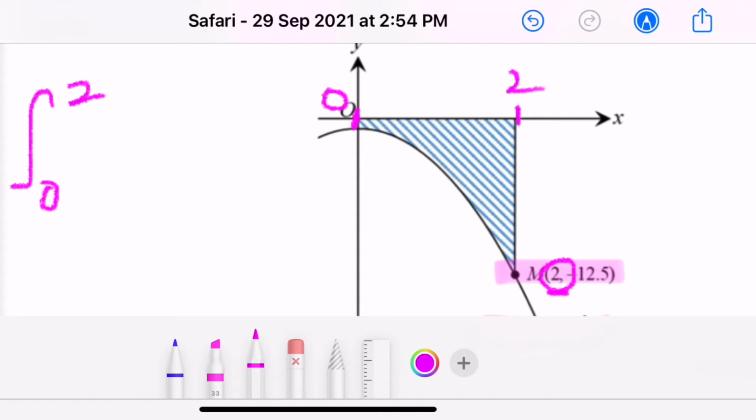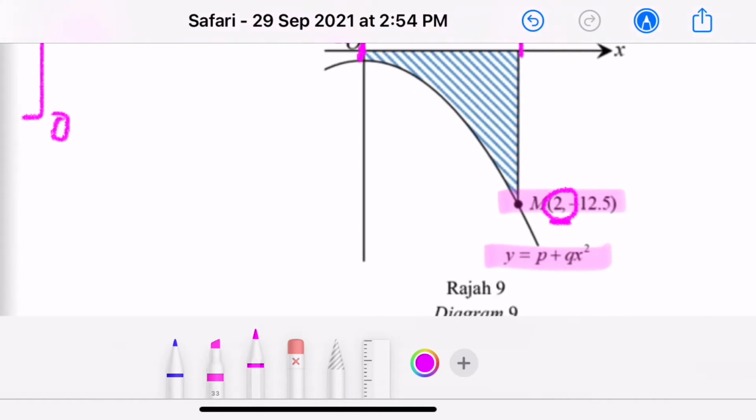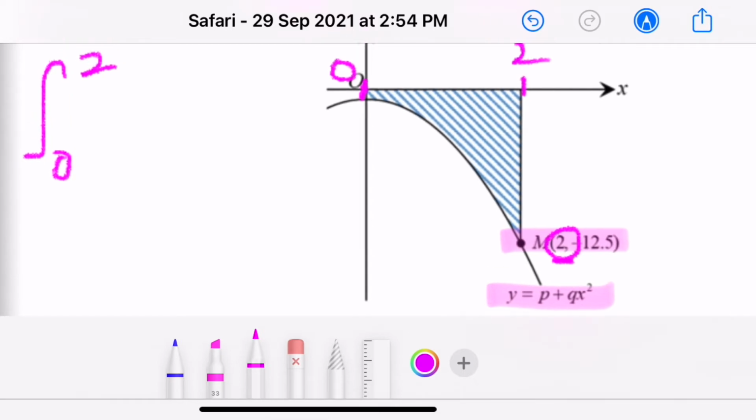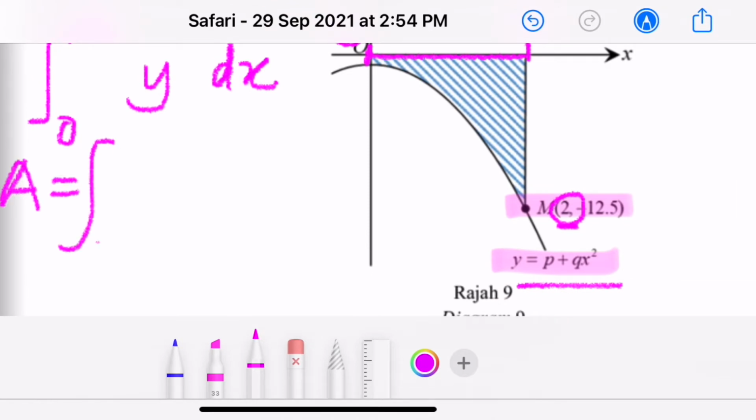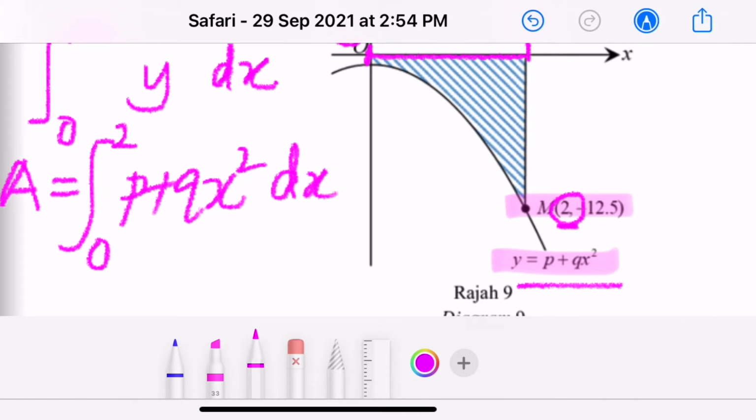For the function given, this is a function, p plus qx squared. Let's write down the function. It's bounded by the y-axis, so it's dx. The area is represented by the integration value from 0 to 2 of this function, but the area is positive, right?